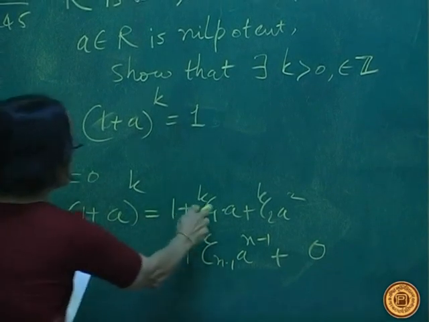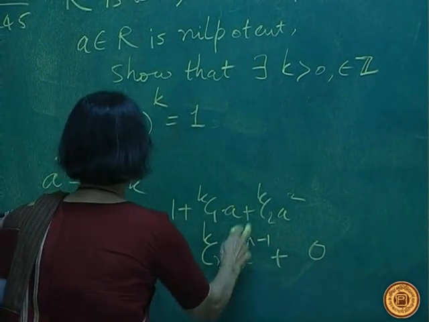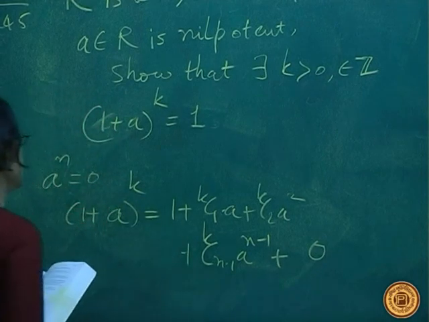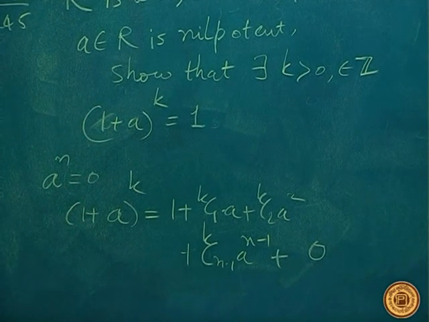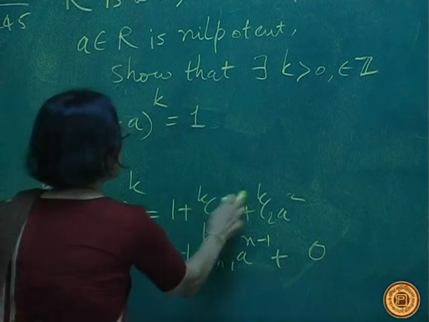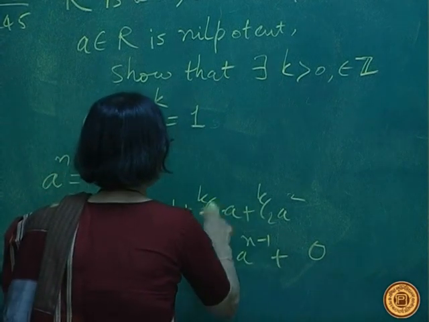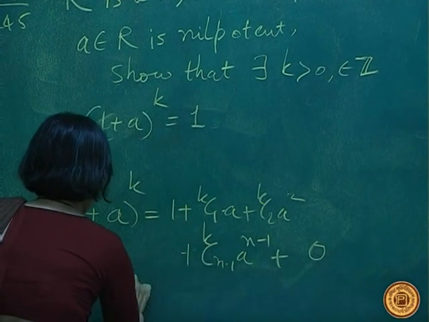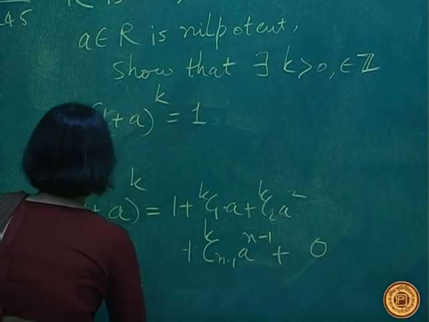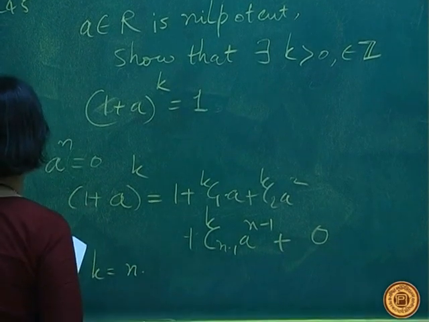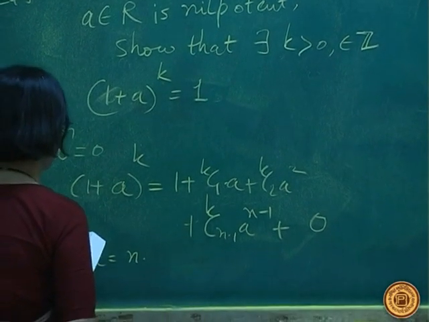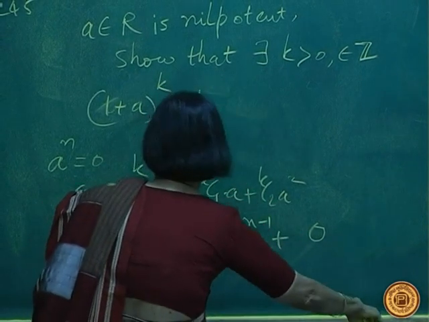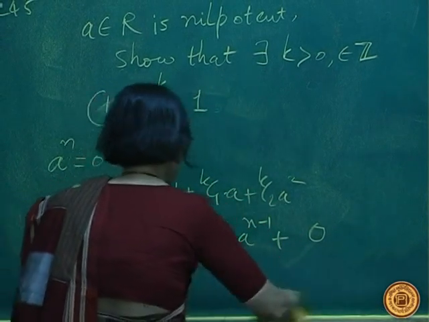So to get all these terms to be 0, you want this power to be equal to 1. You need all these coefficients to be 0. So what you need to do is k equal to n or k is equal to some power of p which is greater than n.